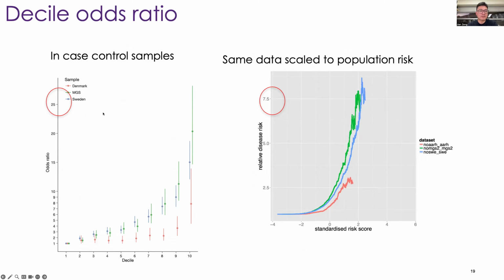That means the number of cases is highly ascertained. If you scale these values to the population risk using the same data, the results actually look much less impressive. And the relative disease risk could get down to 7.5-fold.